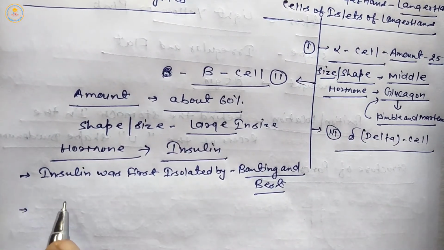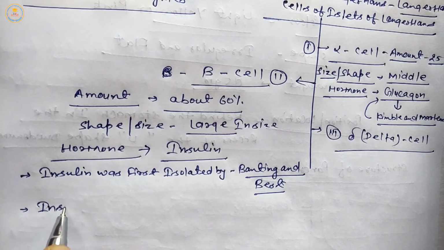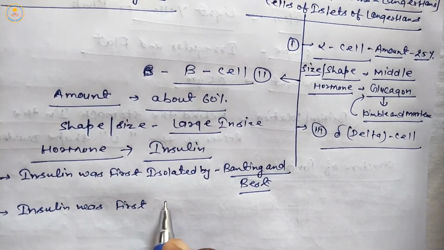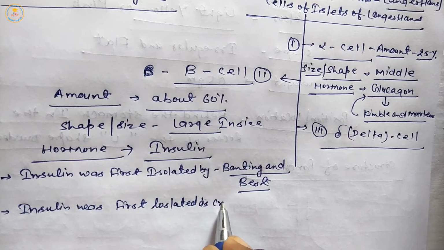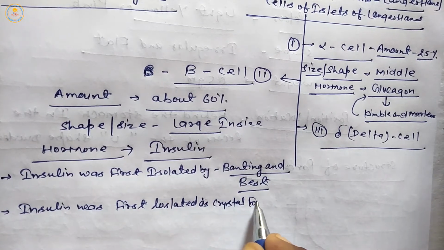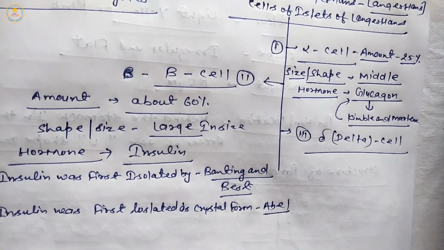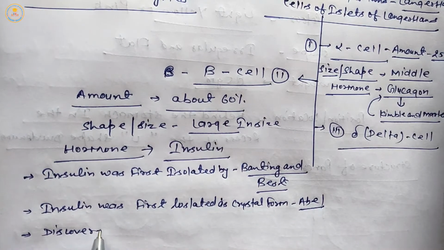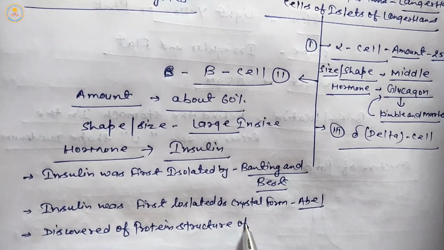Insulin was first isolated in crystal form by the scientist Abel. Next is the discovery of the protein structure of insulin.